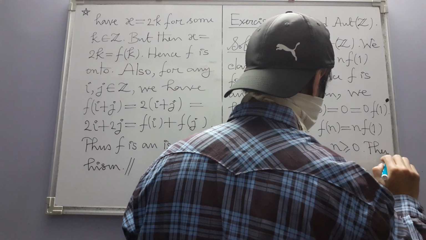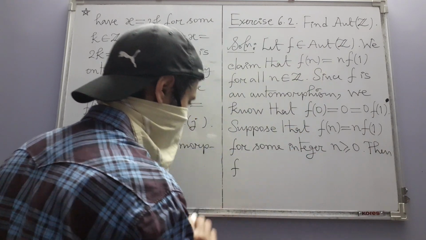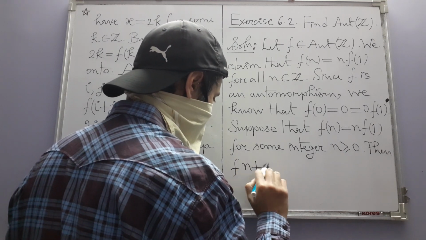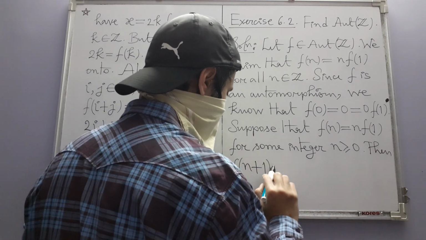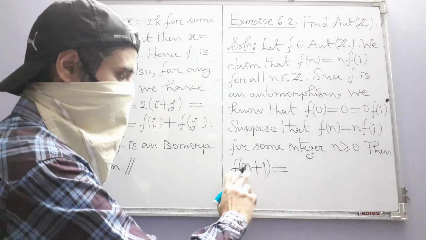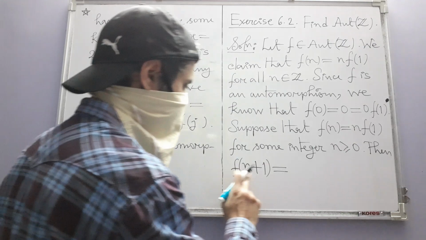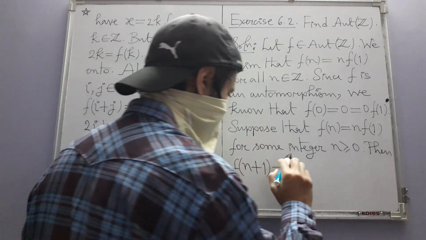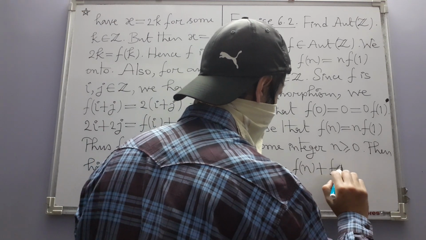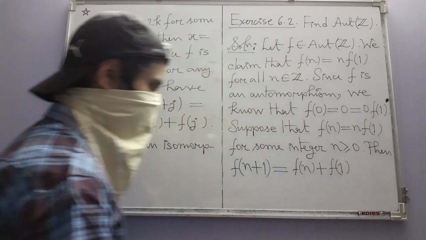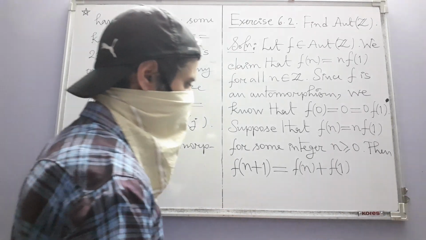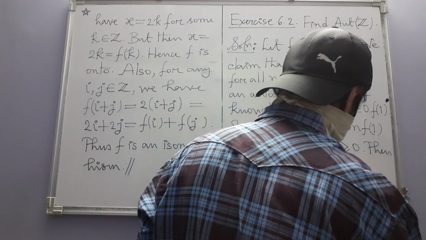Then what about f of n plus 1? Because f is an isomorphism, f respects the binary operation. So this will be f of n plus f of 1. This just comes from the fact that f is an automorphism, and hence an isomorphism.